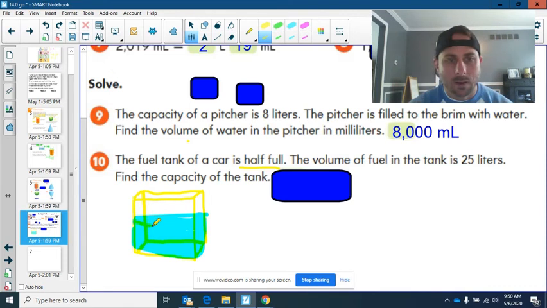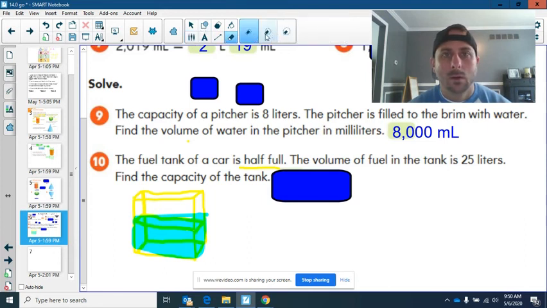Somewhere maybe in here. Take a little fuel out. All right, so there's your fuel tank in the car. There's your draw. It's half full.